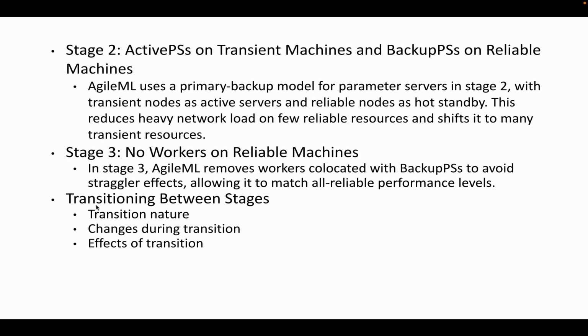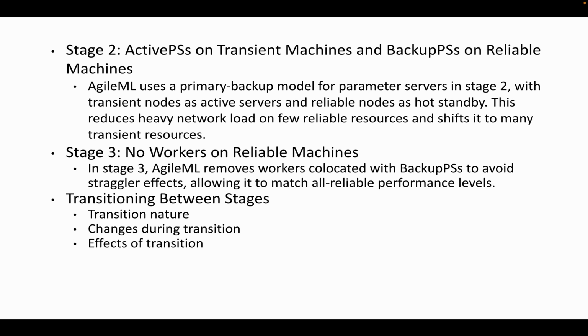It dynamically transitions between different stages to match the number of available transient nodes. So it tries to optimize the process based on the available resources. When we transition from stage 1 to 2, we change the parameter server to an active and backup parameter server pair.